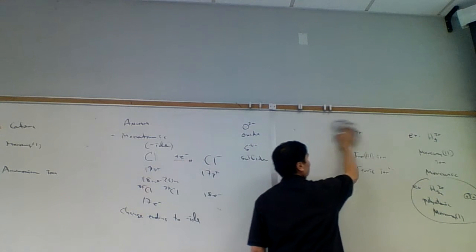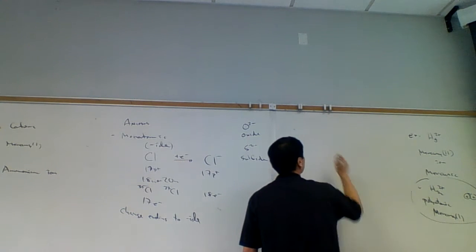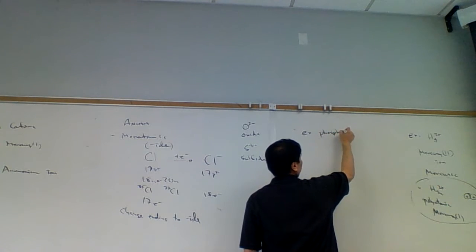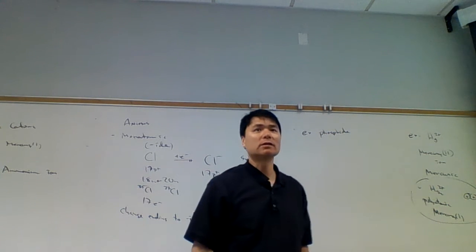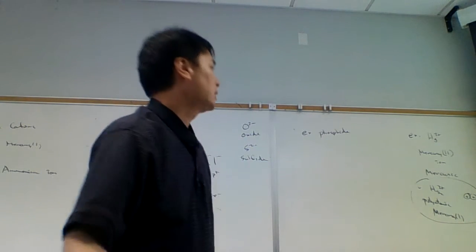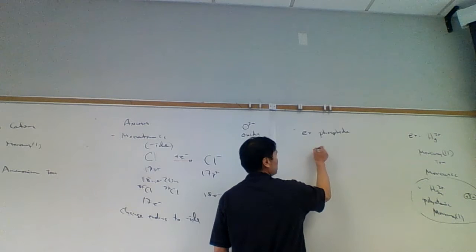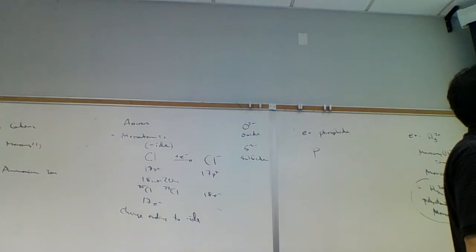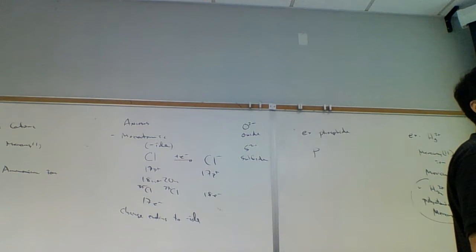And so if we had something like phosphide, what would you guess the formula for that is? Phosphide should be the element phosphorus. It's an anion, so we've got to figure out what the charge is. It's going to be P 1-, 2-, 3-.